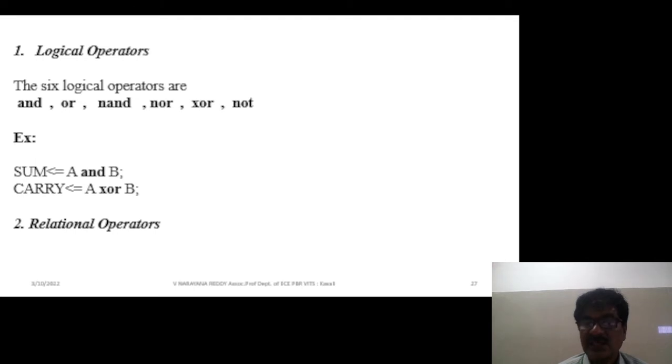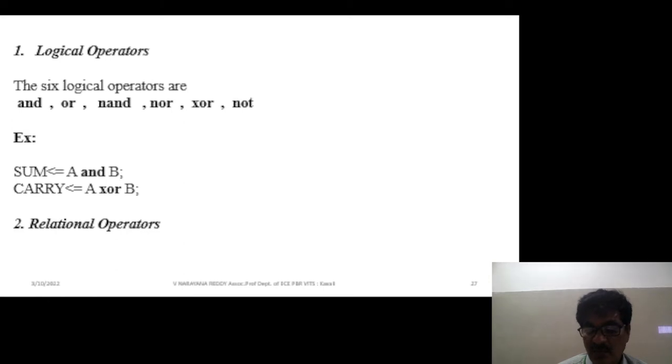And coming to another type of operators, the relational operators. What are relational operators for? The relational operators are used to compare two different numbers, whether they are equal or not, greater than, lesser than, like that.